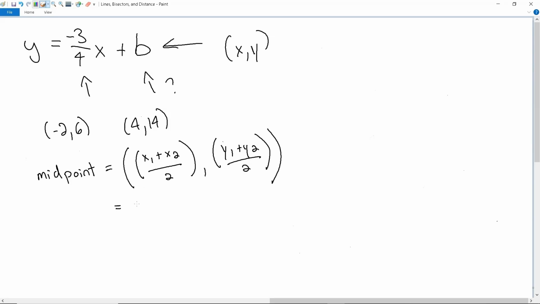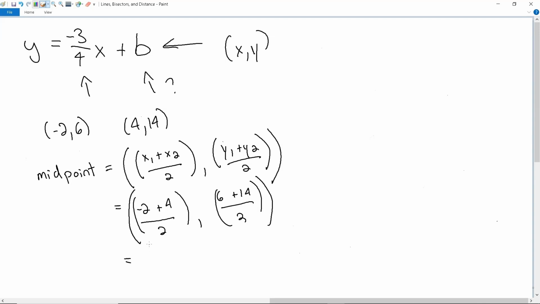So we've got -2 plus 4 over 2. Let me make sure I keep my brackets there. And then 6 plus 14 over 2. So the x value of our midpoint is going to be 1, and the y value will be 10.